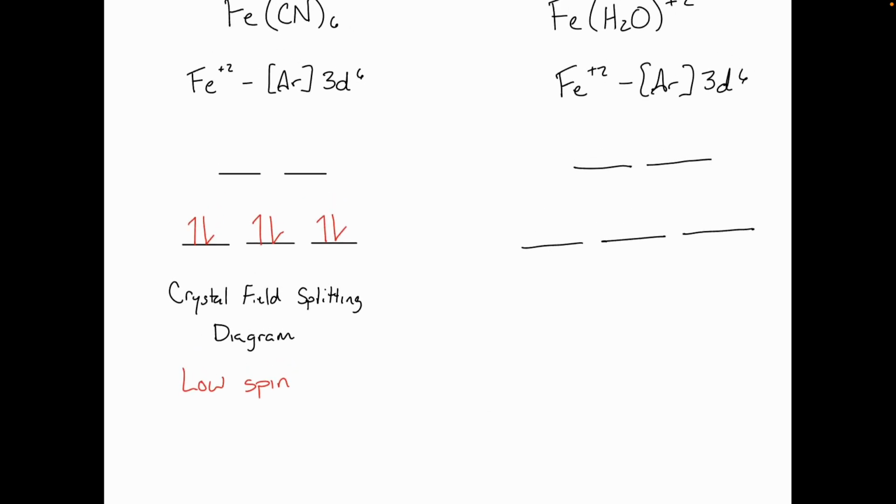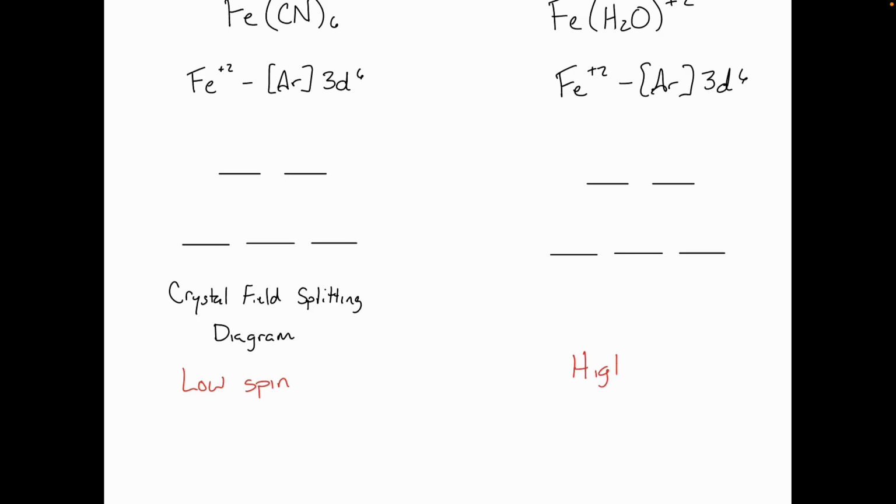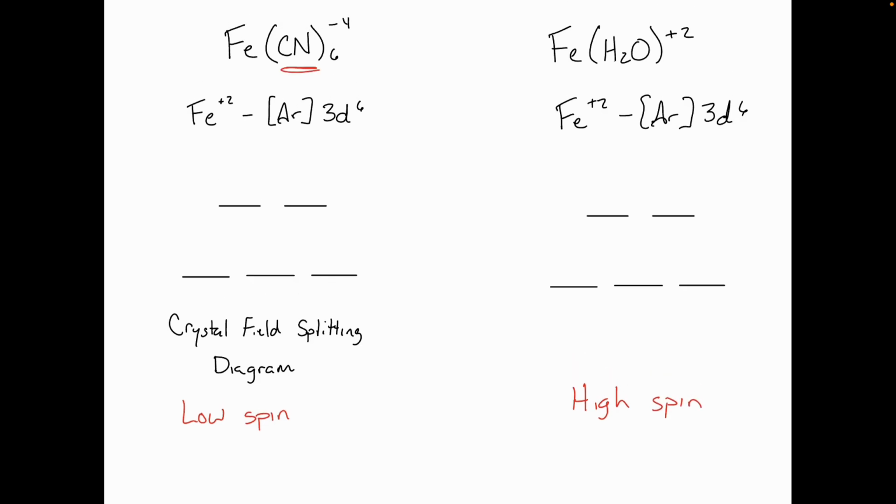All right, so real quick, let me make this prettier because that was really ugly. Everybody just look up here real quick because I just want to illustrate the difference between low spin and high spin. Low spin, like our cyano group here, we're going to fully fill the lower energy first.